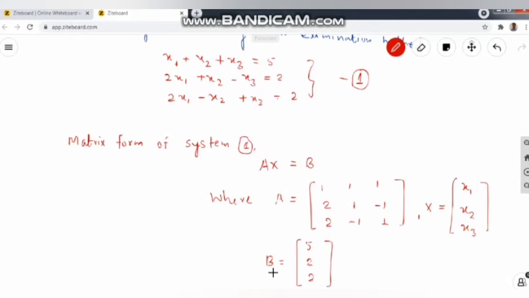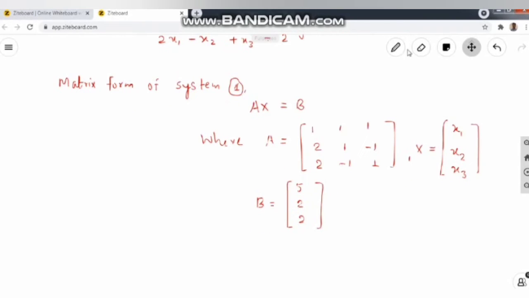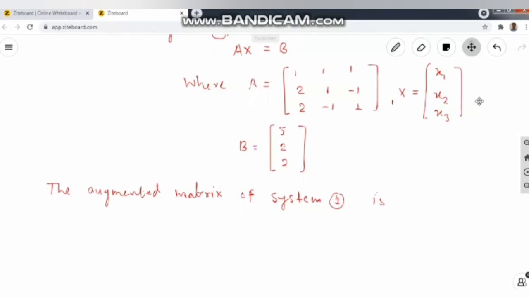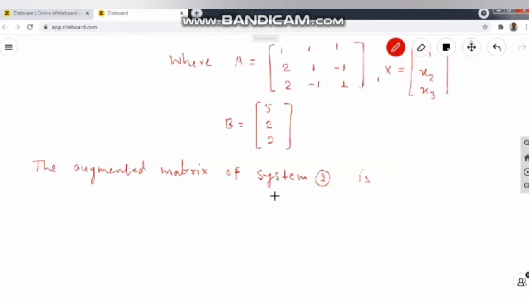So we have A and we have B, so that means we can write the augmented matrix of the system.